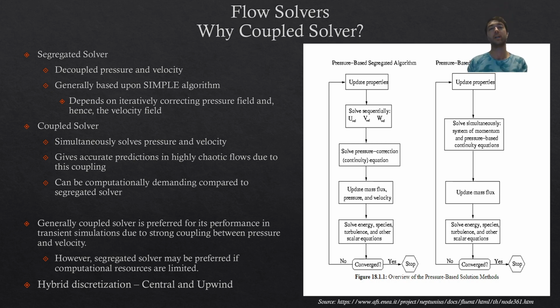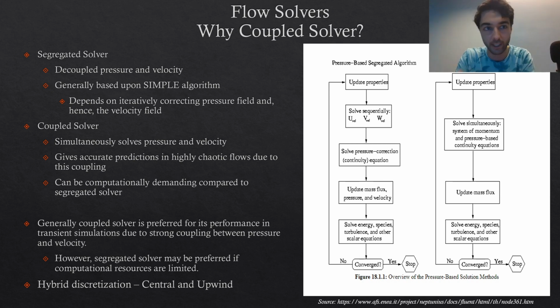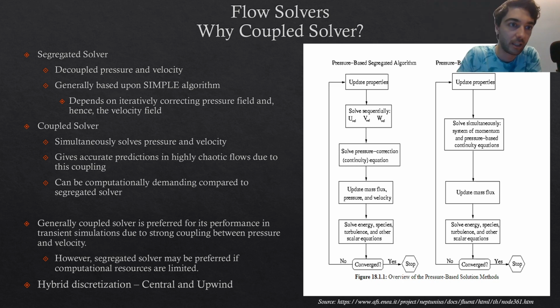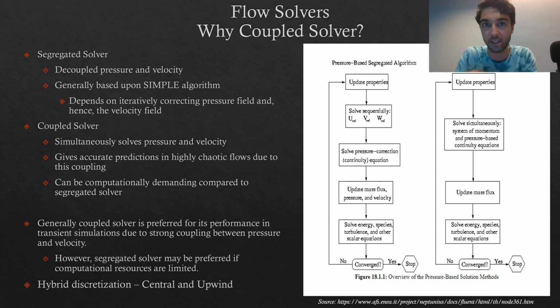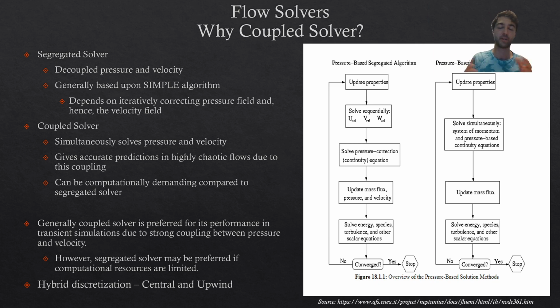Okay, so in this simulation, in this tutorial, we'll be using the coupled solver. And if you ask why, I'll go through it. The segregated solver, as it's in the name, is segregated, meaning that the pressure and velocity equations are decoupled. How this works is that you initially give a velocity and pressure field, then the algorithm, which is the SIMPLE algorithm as you can see on the right hand side, updates the pressure field, then corrects the velocity field.